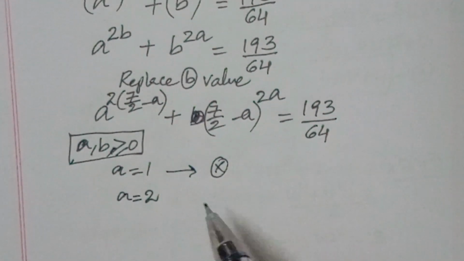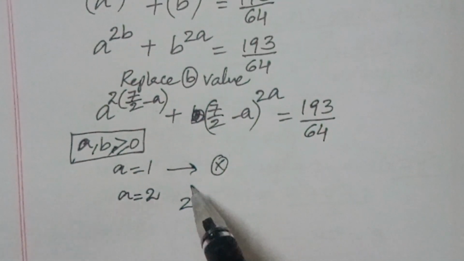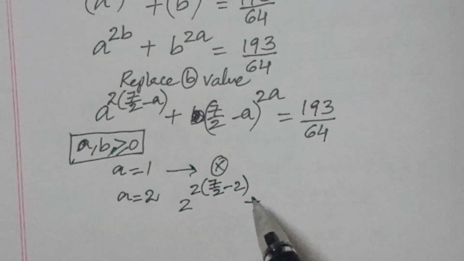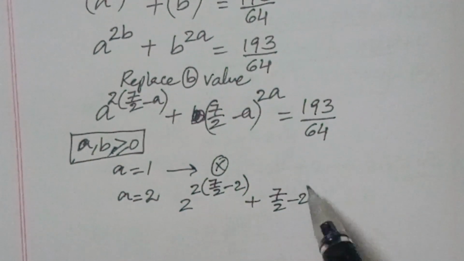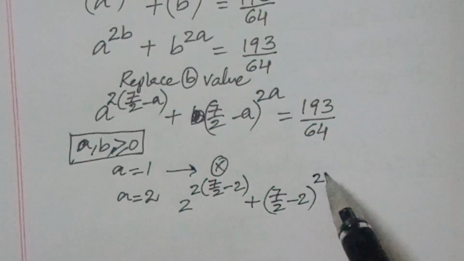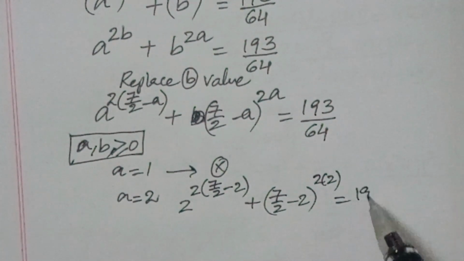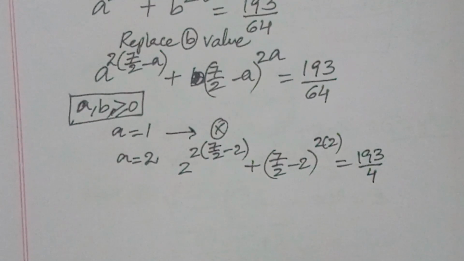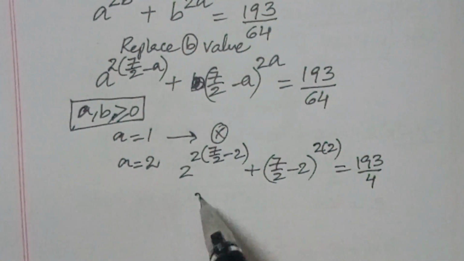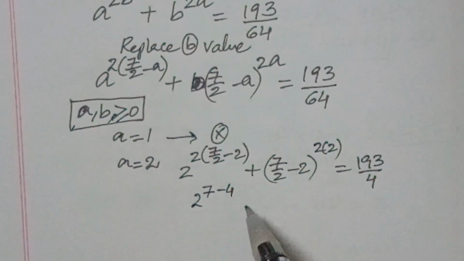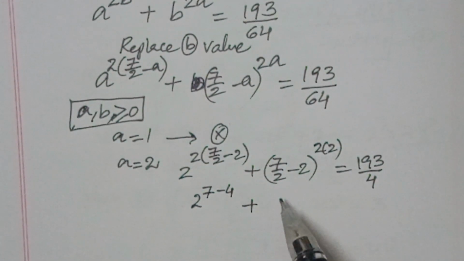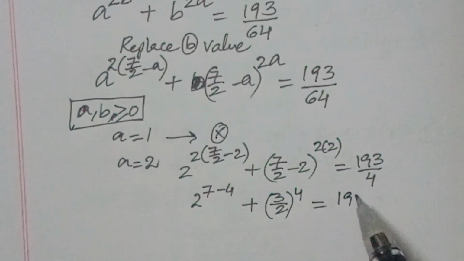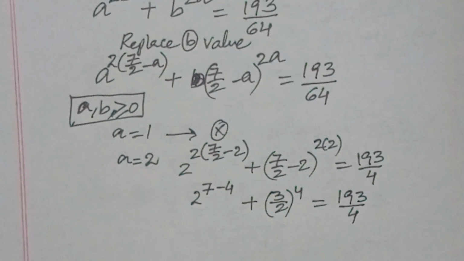If you take a equal to 2: 2 to the power of 2 into 7 by 2 minus 2, plus 7 by 2 minus 2 to the power of 2 into 2, is equal to 193 by 64. By solving this, what will we get here? 2 to the power of 7 minus 4, plus 3 by 2 whole to the power of 4.